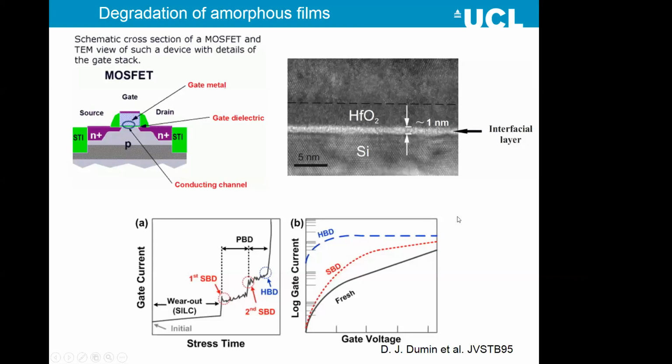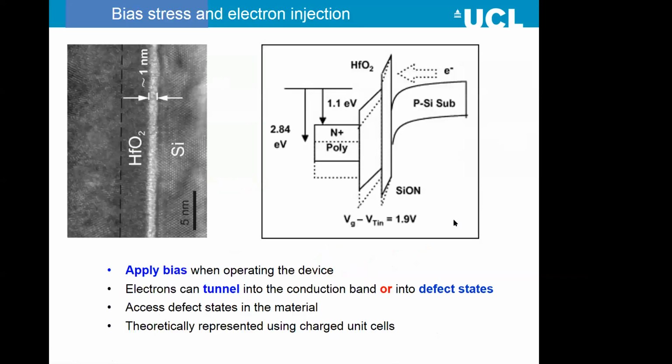So we are trying to understand the mechanisms of what is happening. It is very similar to what Jochen has been talking about, because what we have is a system of electrodes and some electrolyte in between, which is in this case an amorphous oxide, which is solid, but the processes are very similar in a way. You can see on the right that electrons can tunnel into this silicon dioxide layer, and then hafnium dioxide, which is shown here, and then down into the electrode.